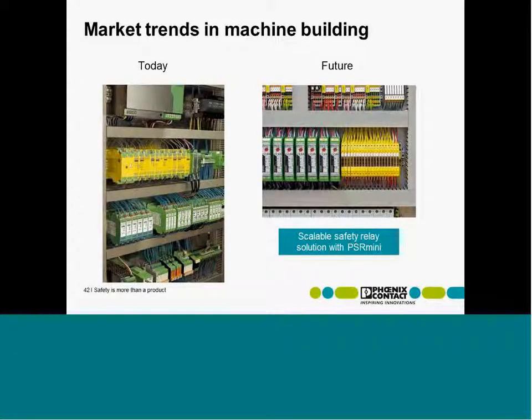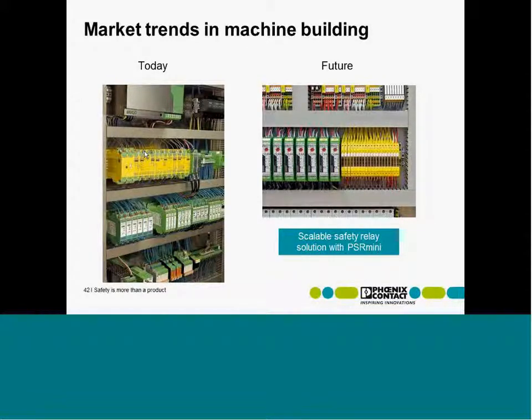Some images of how this may look in the panel and in the cabinet. On the left-hand side, you'll see how that maybe was up to date. We have a panel built up with several safety relays. You see we have a very scalable solution by using, for example, the 6-millimeter slices.